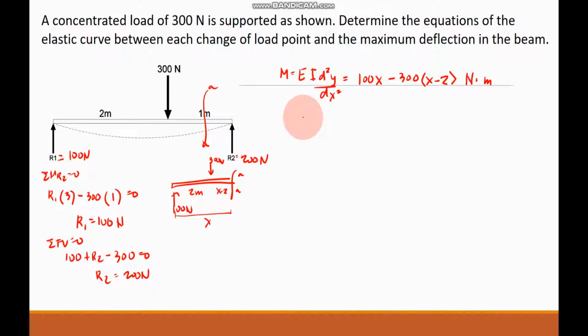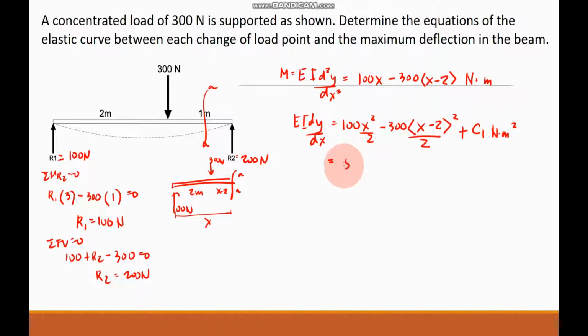And then taking the integral of the moment, we get the slope equation. So we integrate this. We have EI dy over dx. We integrate this equation, so we have 100 x squared over 2 minus 300 (x minus 2) squared over 2 plus the constant, and that is Newton meter squared.